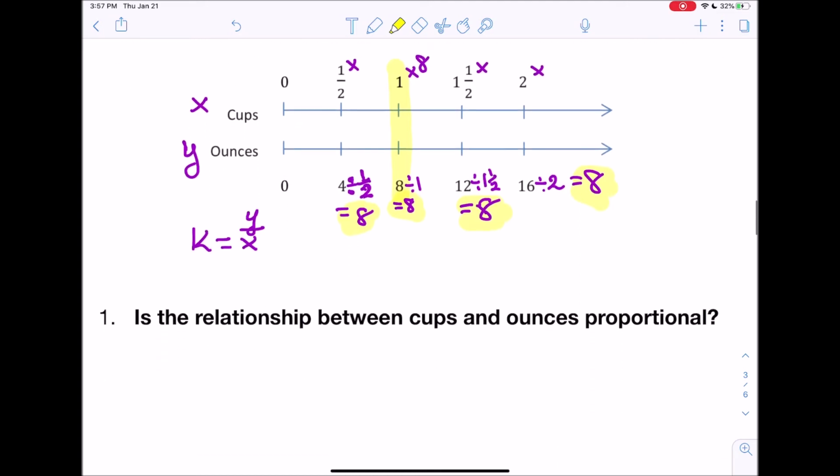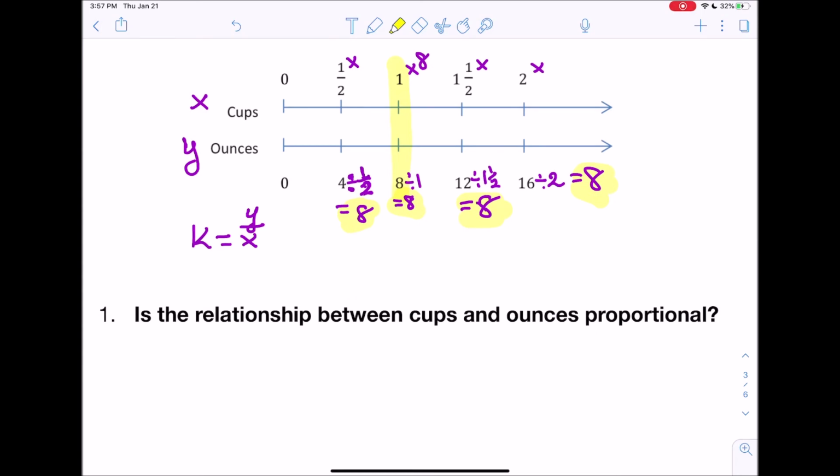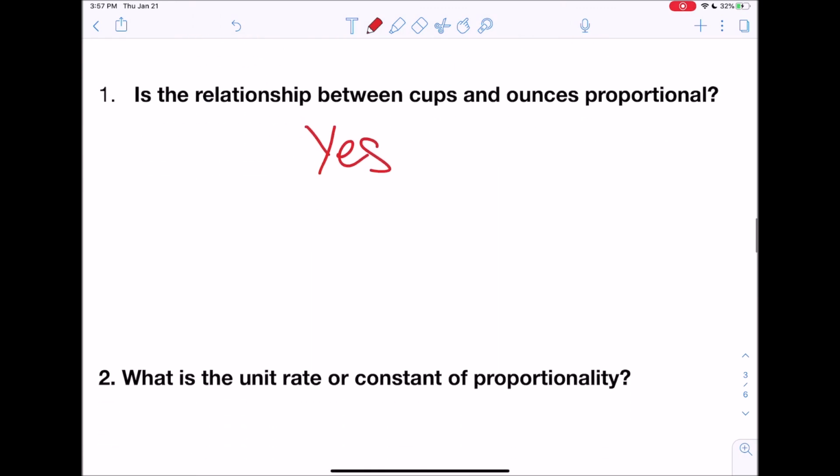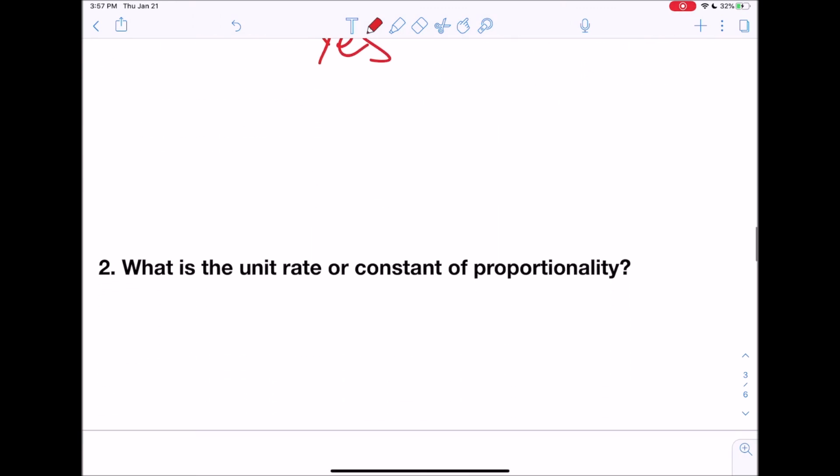All right, so is the relationship between cups and ounces proportional? Yes. What is the unit rate or the constant of proportionality? So if we were looking at y equals some mystery number times x, and k is that unit rate, we're looking for what number is being multiplied by x to get y.